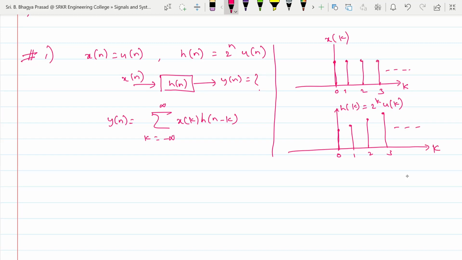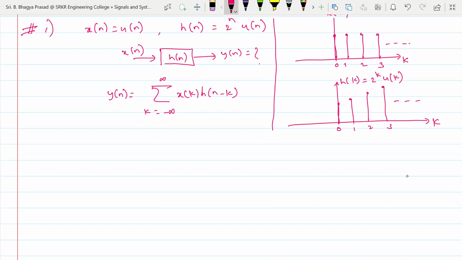So I am going to apply these sequences to this expression. I want h[n-k].